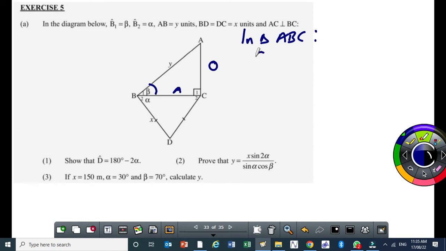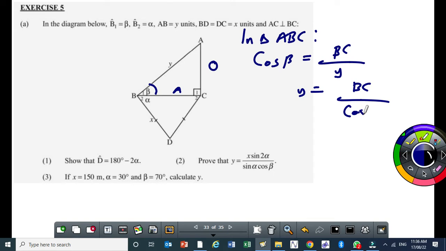So, cosine of beta is going to be equal to BC over y. Okay? What this means is that, well, let me make y the subject. It's very interesting. So, y will be equal to BC over cosine of beta.